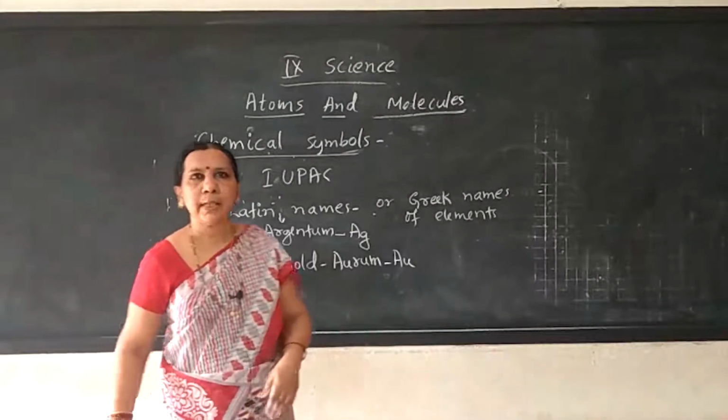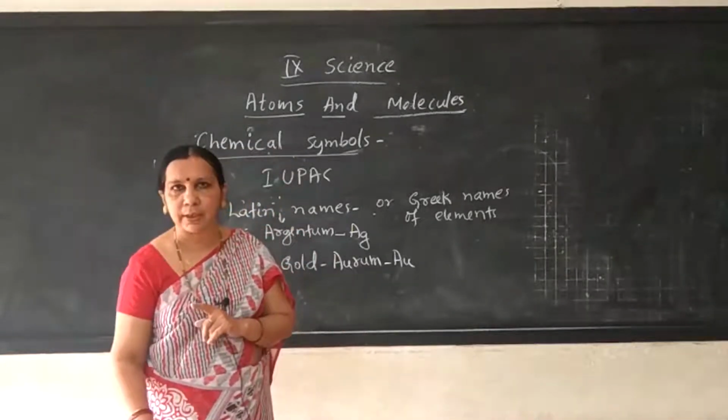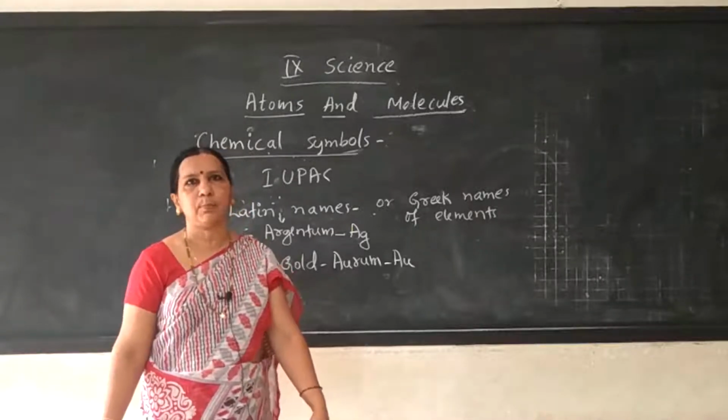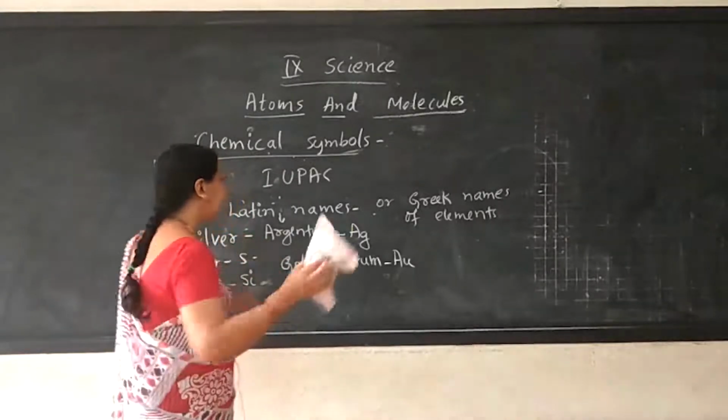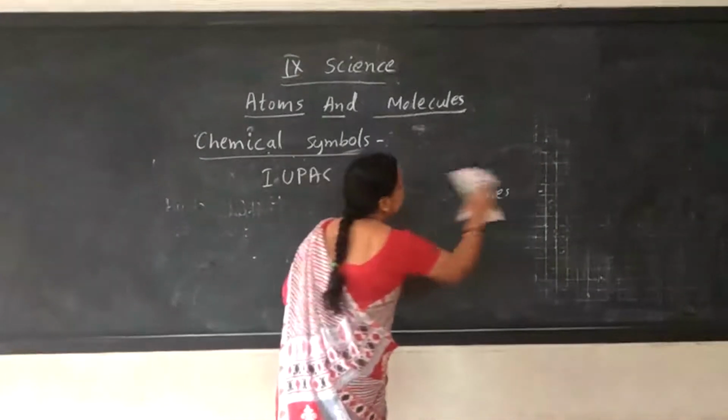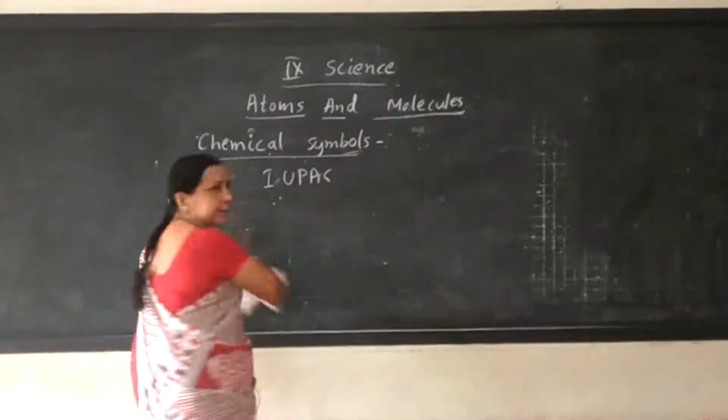There are many elements and their symbols are given in your textbook. You write those elements and their symbols and practice at home. That is your home assignment. Now can you tell me the symbols of some common elements?